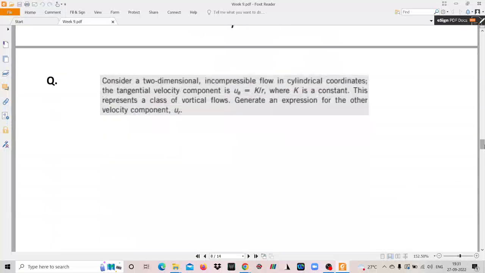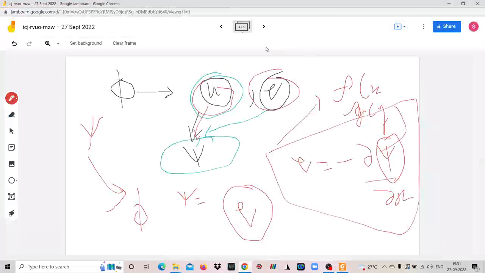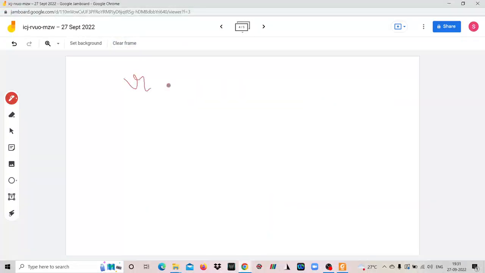Consider a two-dimensional incompressible flow in a cylindrical coordinate system. The tangential velocity component is u theta equal to k by r, where k is a constant. This represents a class of vortex flows. In the cylindrical coordinate system we have three coordinates r, theta and z.